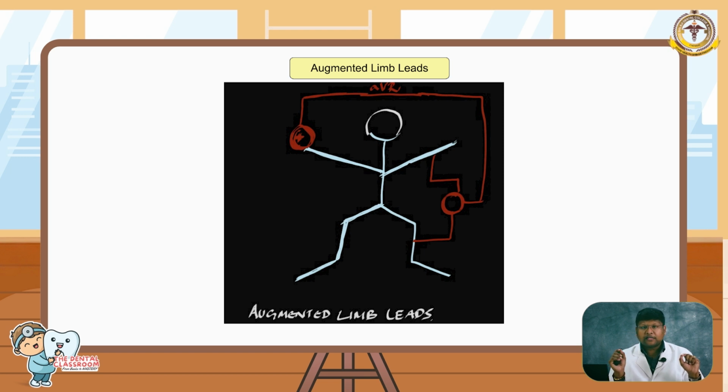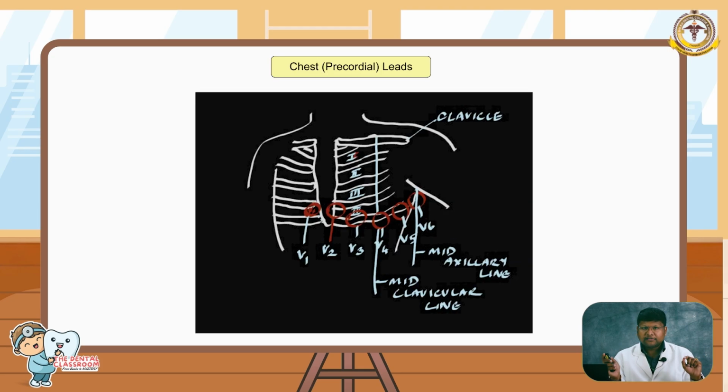AVR is the augmented limb lead at the right arm, AVL is your left arm and AVF is your left foot. So, 3 leads. Coming to the chest leads, there are 6 chest leads. We keep them over your precordium: V1, V2, V3, V4, V5 and V6.